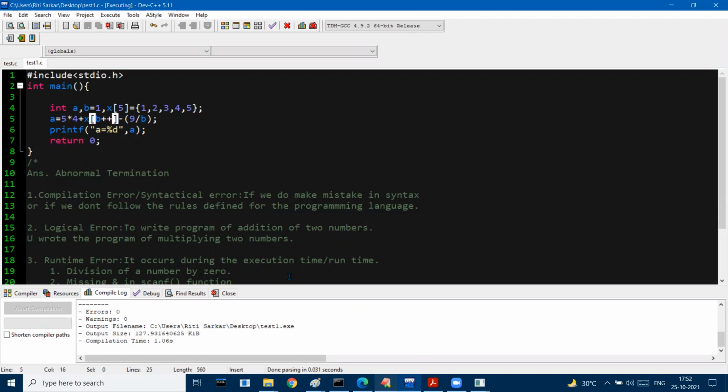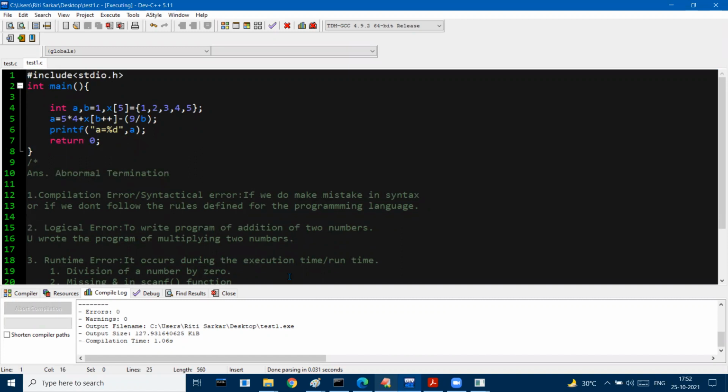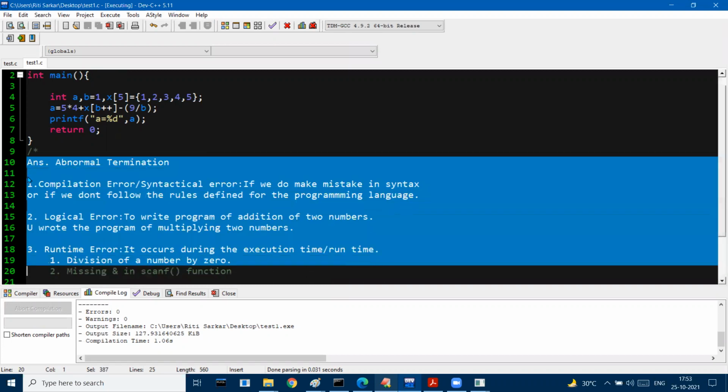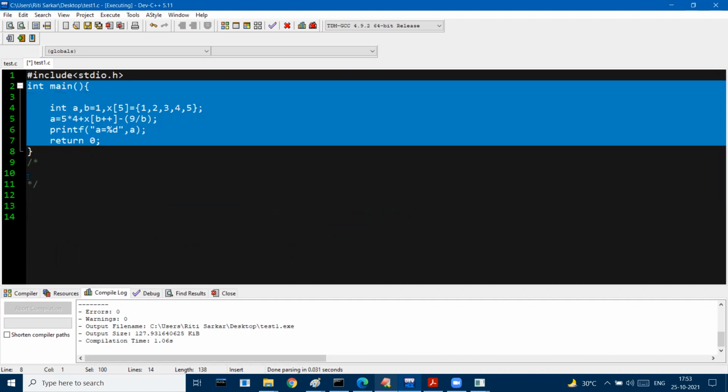Tell me, students, do calculate it properly and tell me the answer. Tell me, guys, what will be the output in this case?